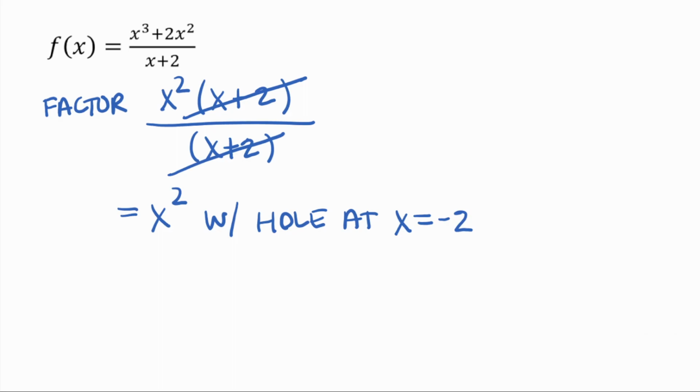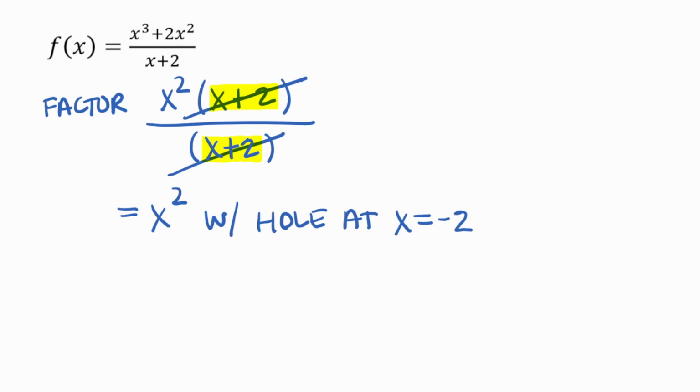And I'm saying it's going to happen at x equals negative 2 because it's the x value that causes the canceled factor to equal 0. So if I look for the value of x that makes x plus 2 equal to 0, that's going to give me x equals negative 2. And that's why I'm saying that.